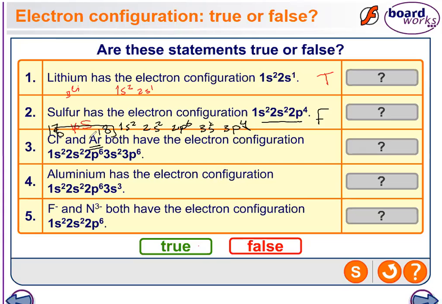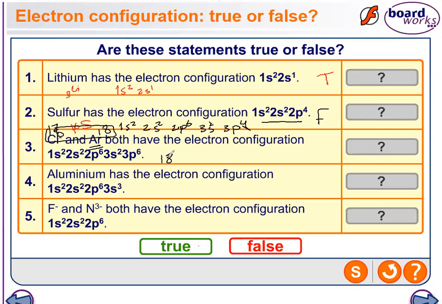So we already know that they have the same number of electrons, but do they have the same electron configuration or not? Let's find out. Let's make the electron configuration of 18 electrons. Who can work with me, guys? I need to distribute 18 electrons. How could I distribute them?